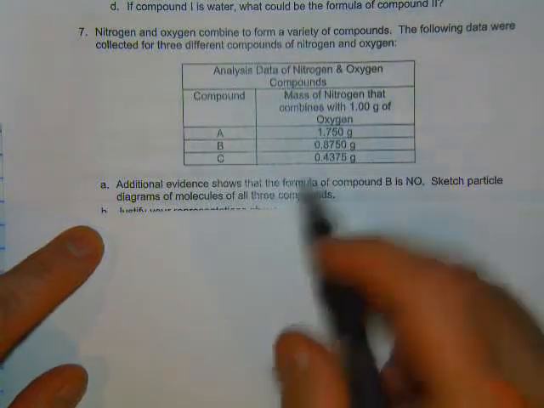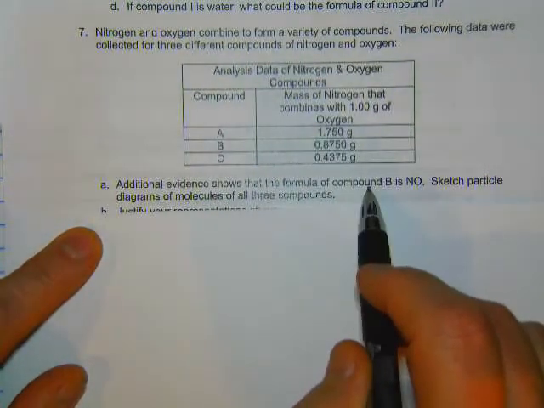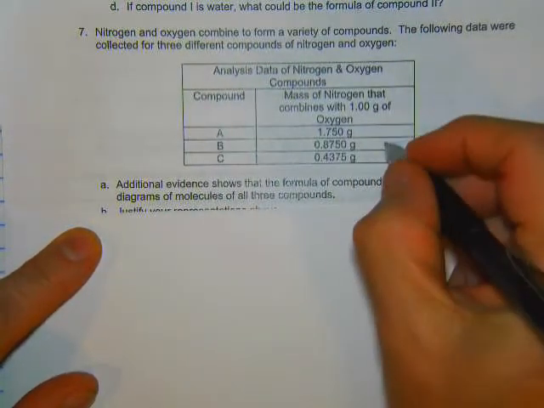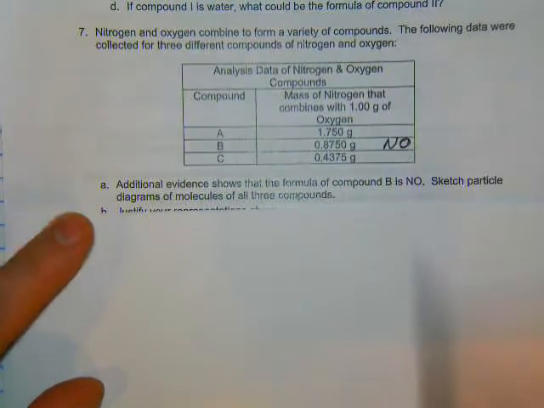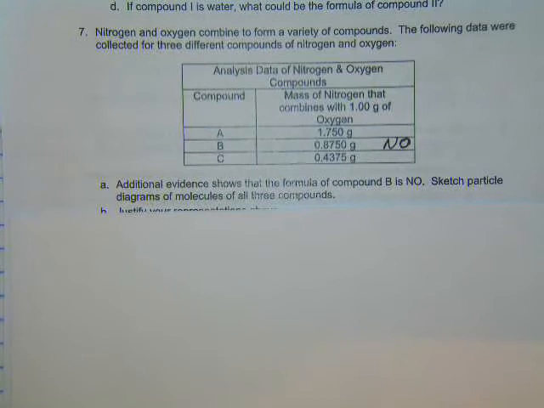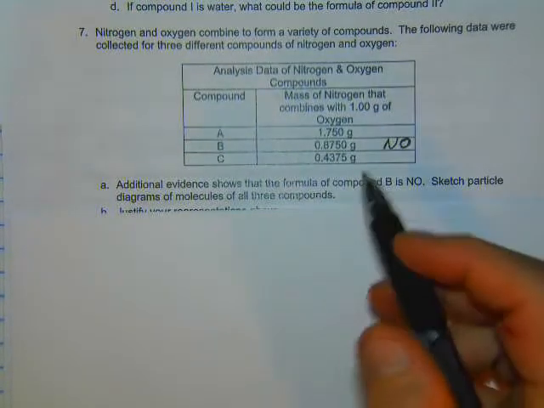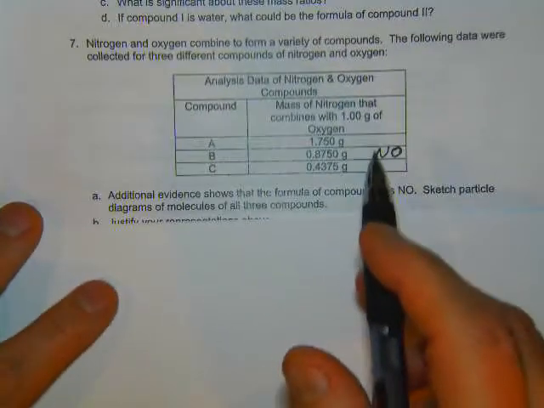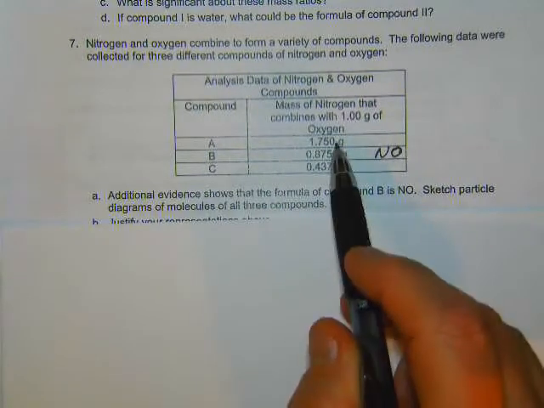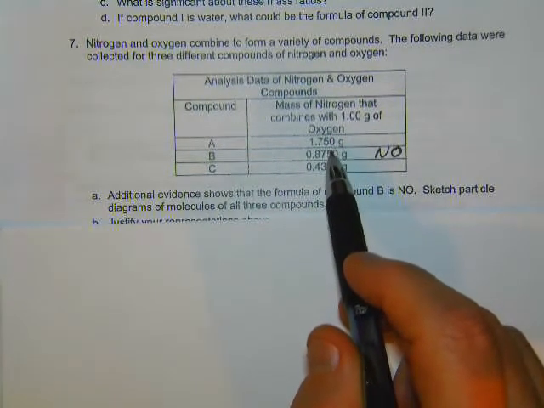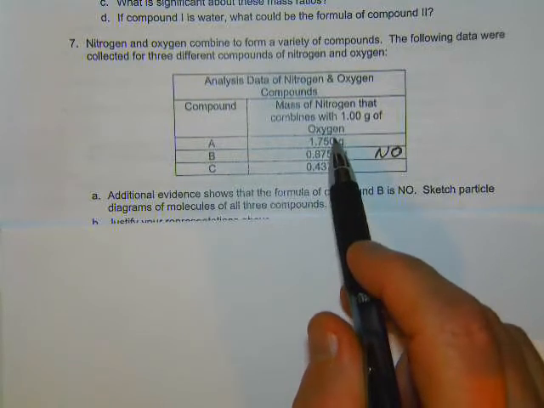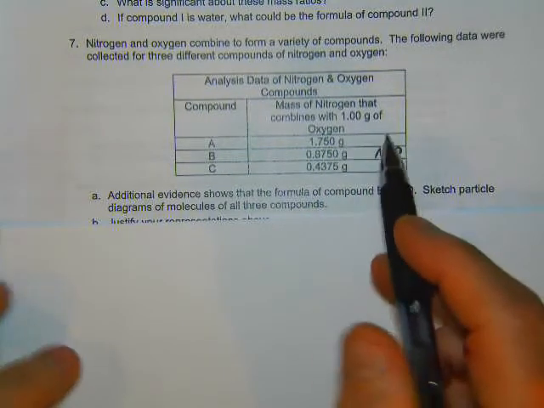Well, additional evidence shows that the formula of compound B is NO. So we can put that right in there. Alright, so that's NO. We can see from this that for A, the amount of nitrogen should be twice as much.